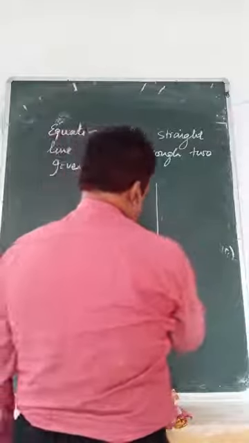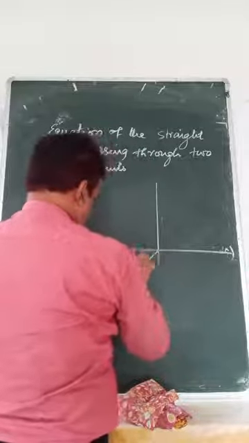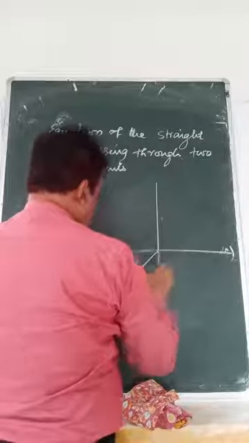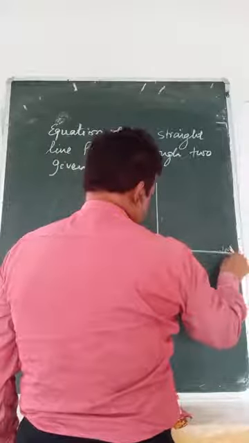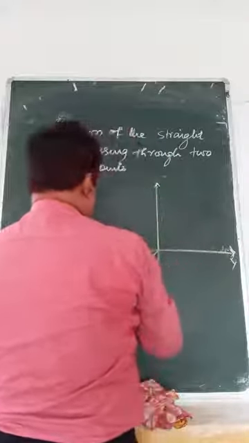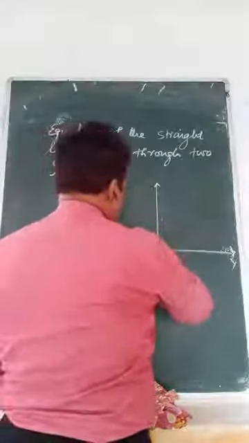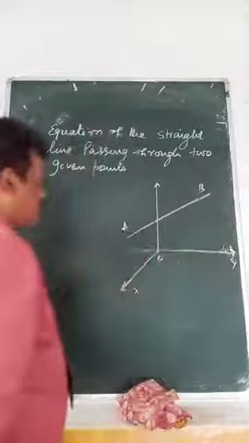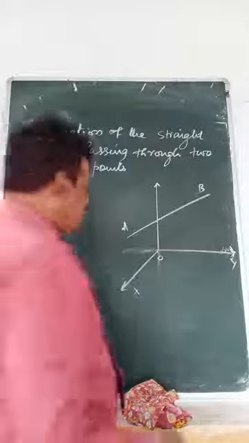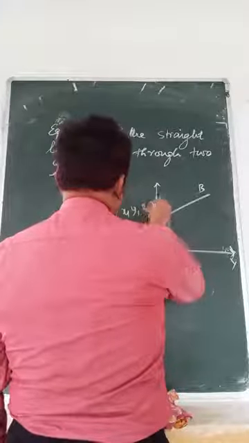Suppose this is our equation in the space Cartesian x, o, y, z. There is a line AB. Okay, the point A has the coordinate x1, y1, z1.